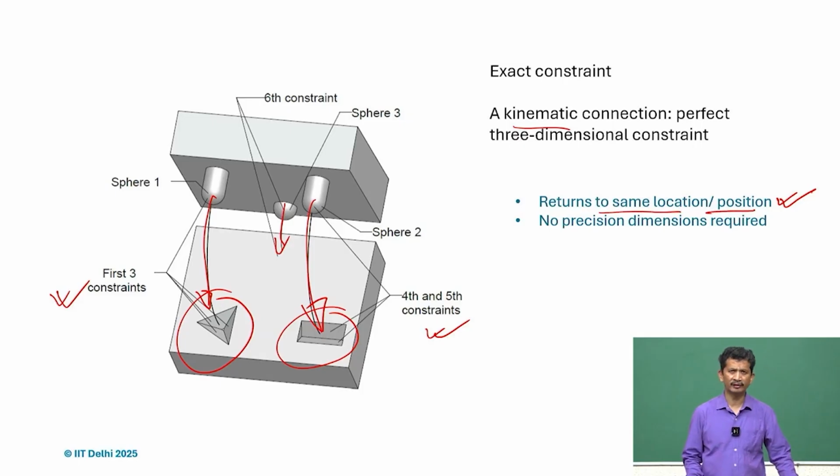It is well defined, the repeatability will be very good, and no precision dimensions are required. So the tolerances can be relaxed, and the cost can be lowered. Even with imprecise parts, we can achieve very good repeatability and precision assembly, provided we use the exact constraint design approach.